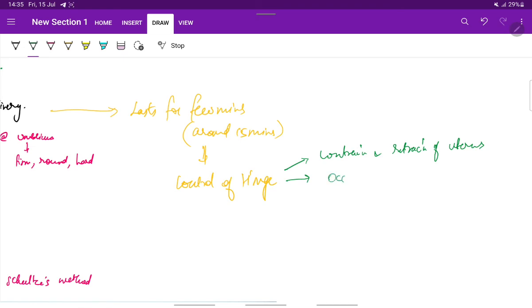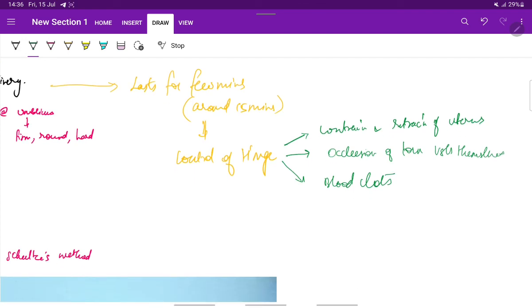Next is the occlusion of the torn vessels themselves, and then formation of blood clots. All these favor the control of bleeding and prevent postpartum hemorrhage.